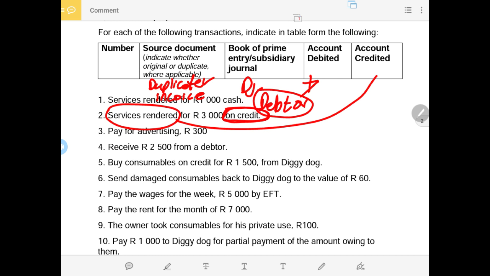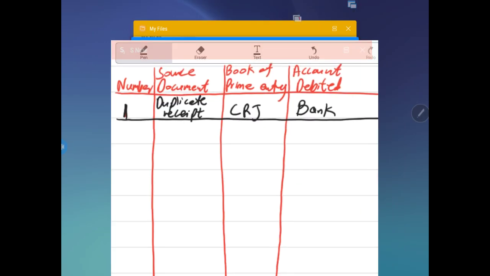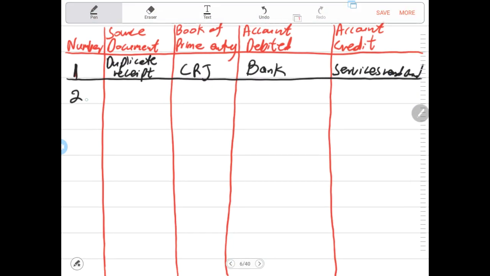Then let us go and record in our table what we have done. For date number 2, we say this will be a duplicate invoice. We use the word invoice when we render a service on credit or when we sell a product to a customer on credit. And we said the customer to whom we rendered a service did not pay us.